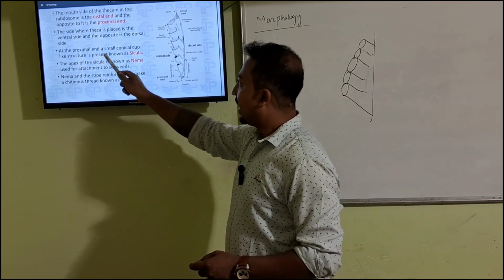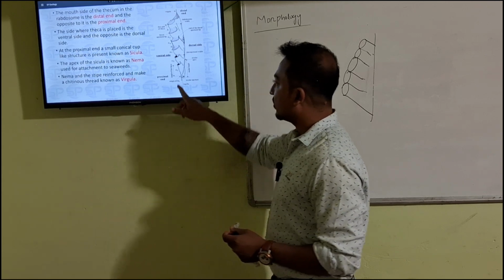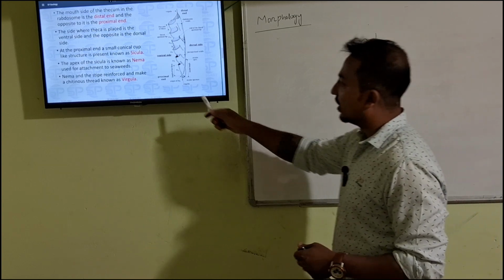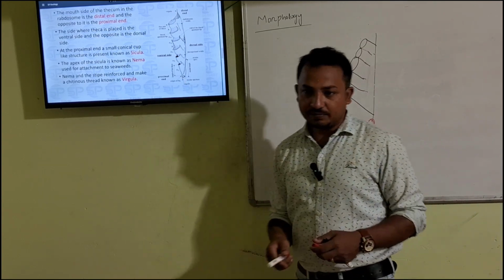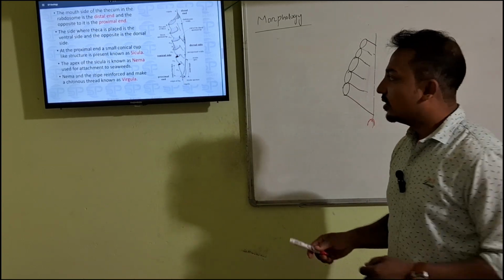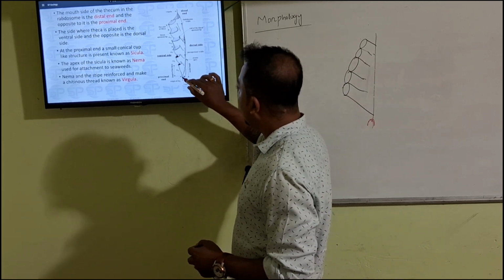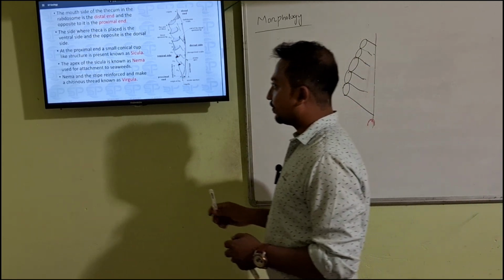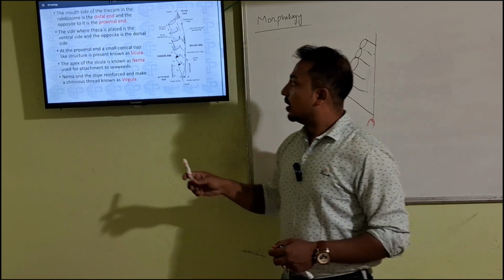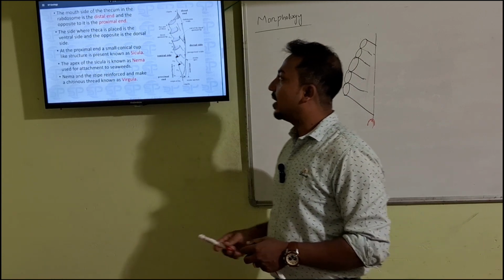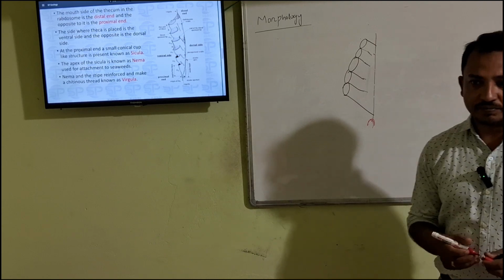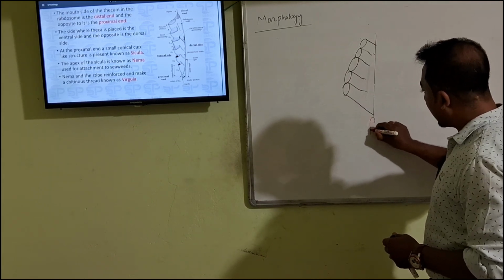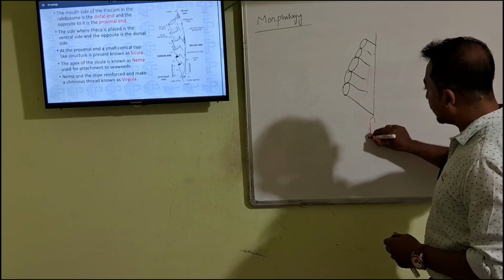At the proximal end, a small conical cup-like structure is present. This is called the sicula. At the proximal end you will find this cup-like structure, called the sicula. The apex of the sicula is known as the nema.